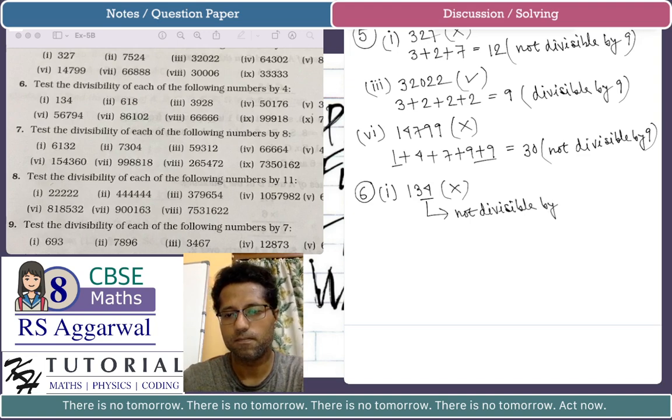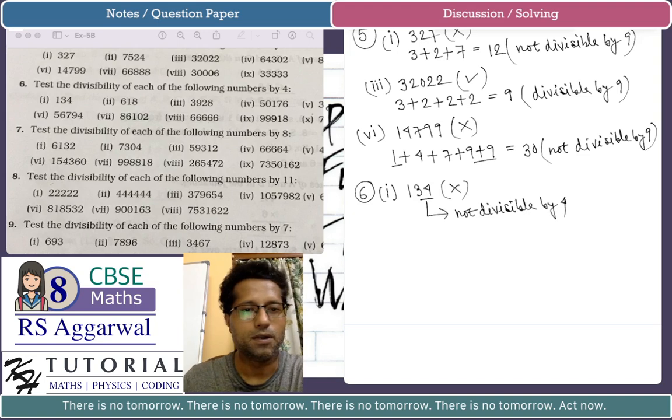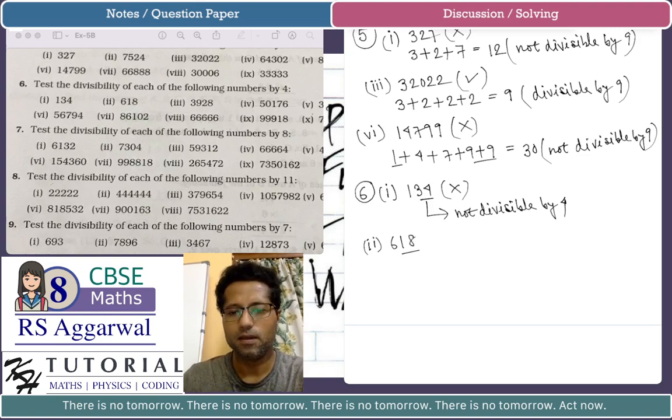Let's see 2618. The number formed by the last two digits is 18, and definitely 18 is not divisible by 4.